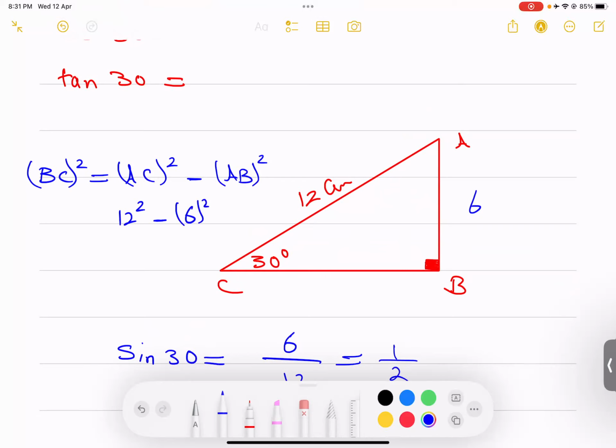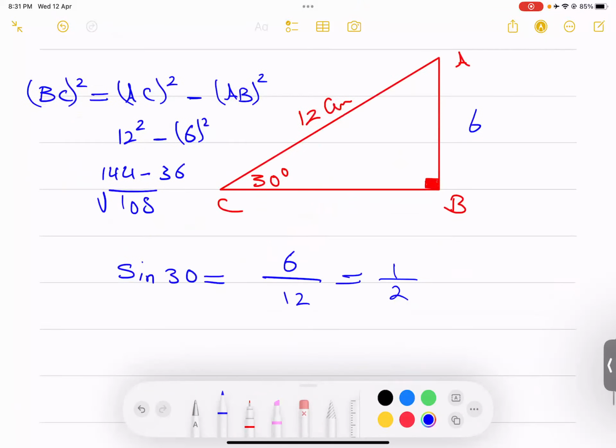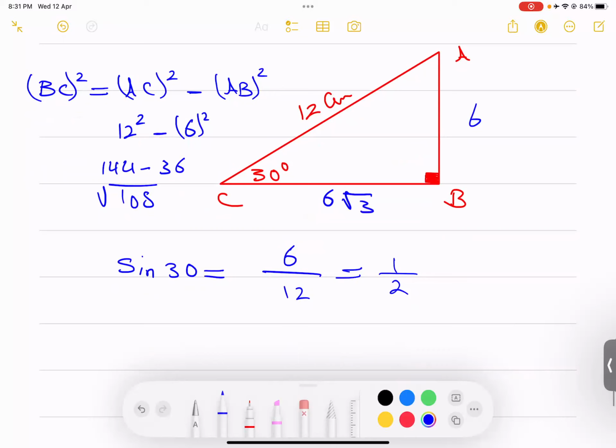So this one is 144 minus 36, which is going to be 108. Let me take the square root of 108. This one is 6 root 3. Let me write it. I'm going to keep it as 6 root 3, and I'm going to tell you why right now.